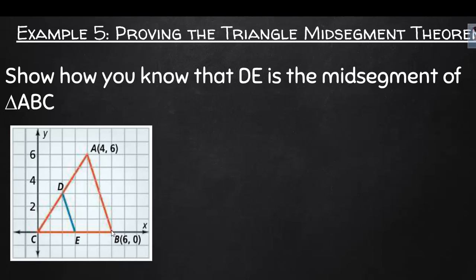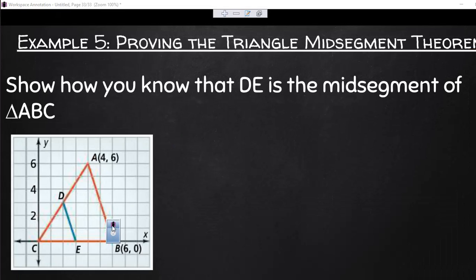So this slope right here would be up 3 and over 1. So I could go from here and go up 3 and over 1. I could draw another line here that would be parallel to this line here and not necessarily be the midsegment.